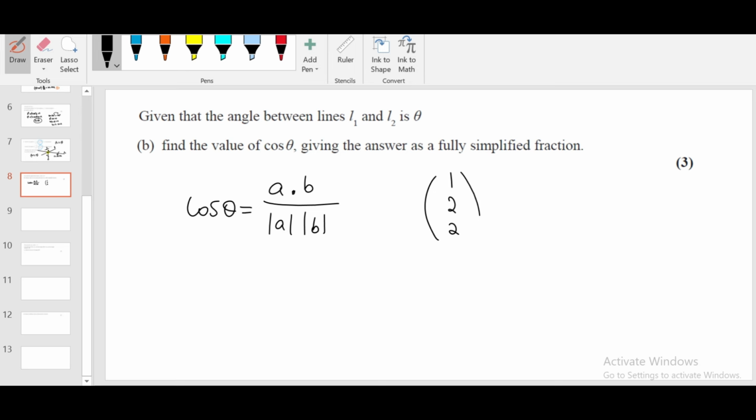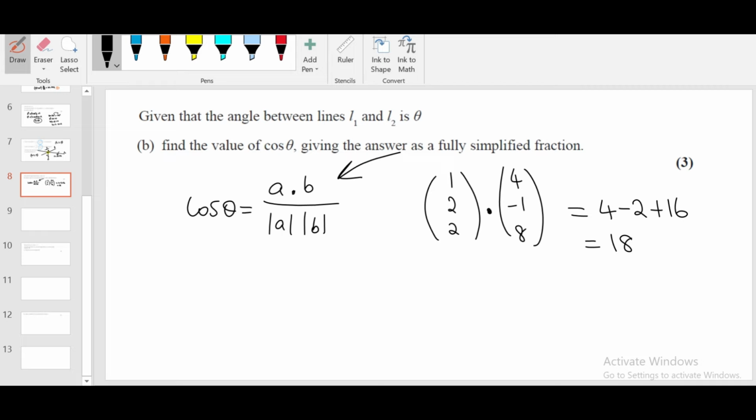Take the direction vector of L1, direction vector of L2, find the dot product. 1 times 4, 2 times minus 1, 2 times 8 is 16. We'll get 20 minus 2 is 18. That's the scalar product A dot B.